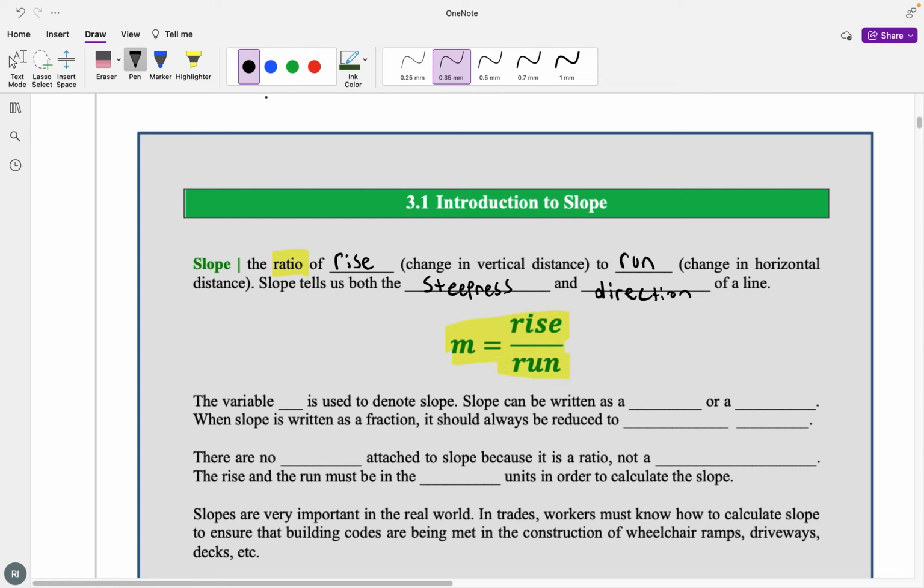Let's draw just a simple diagram to visualize slope. The diagram will be a triangle with a rise and a run.